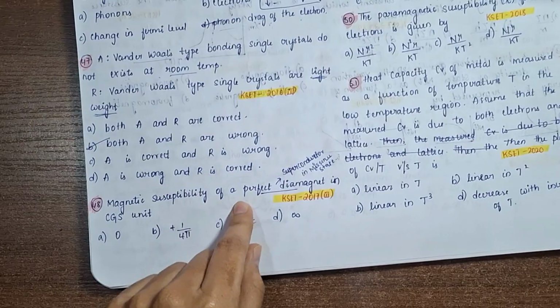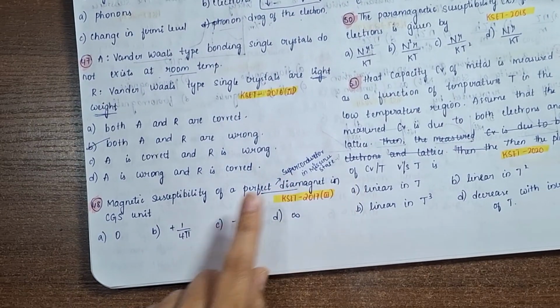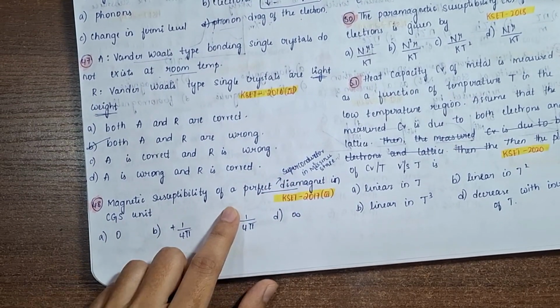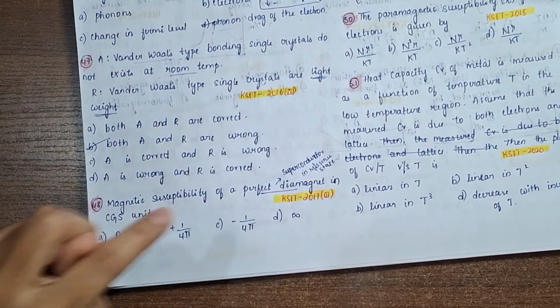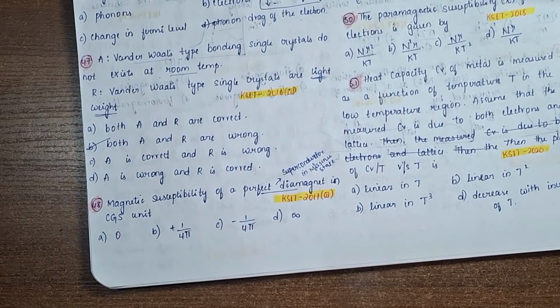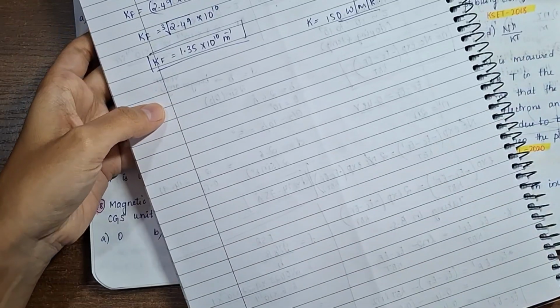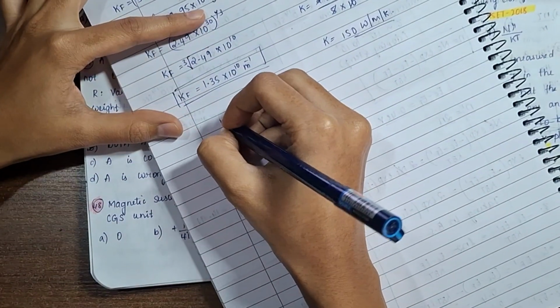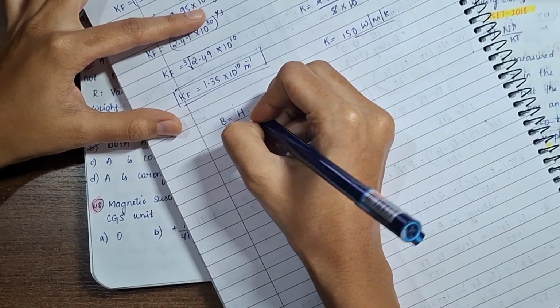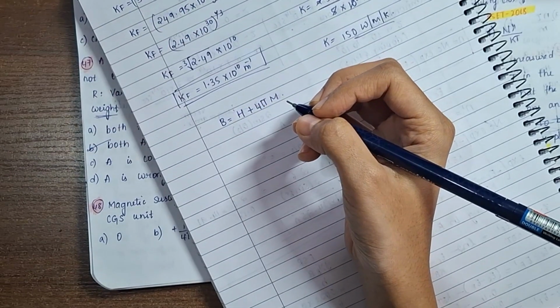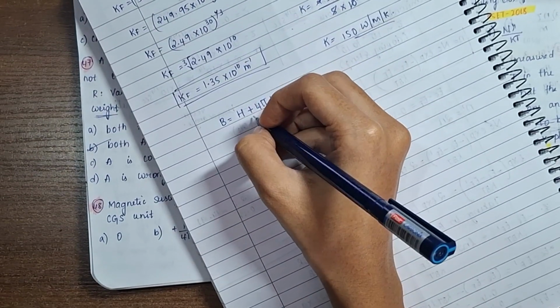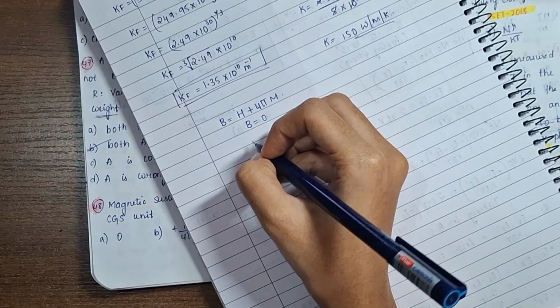Magnetic susceptibility of a perfect diamagnet in CGS unit. A perfect diamagnet is nothing but a superconductor in the Meissner state. By definition, in CGS unit, we know that B is equal to H plus 4 pi M. For a perfect diamagnet, the magnetic induction is 0, that is B is equal to 0.